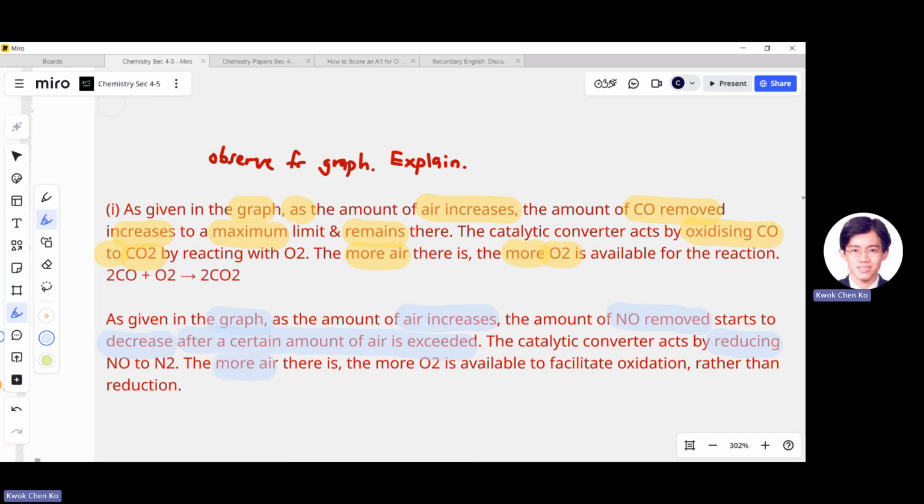Okay, so the more air there is, oxidation is more likely to take place compared to reduction.